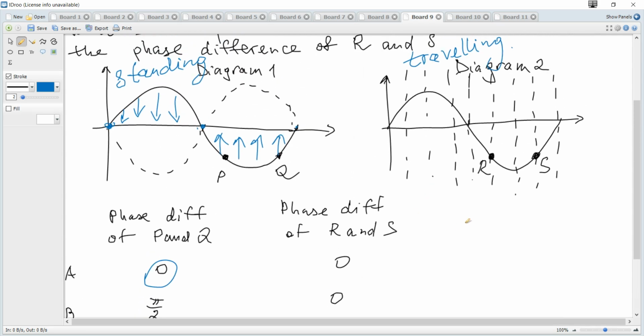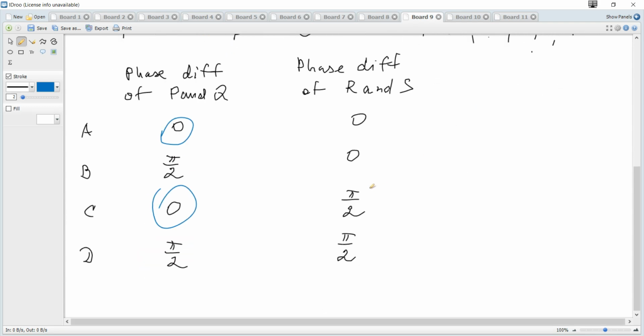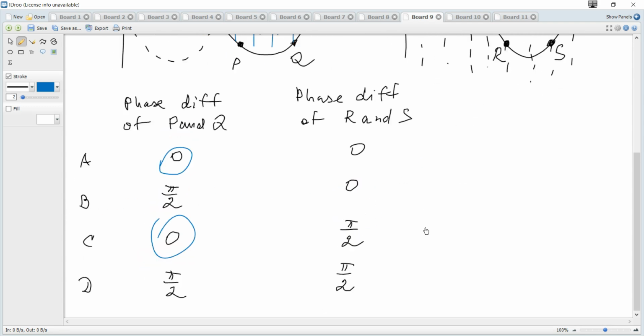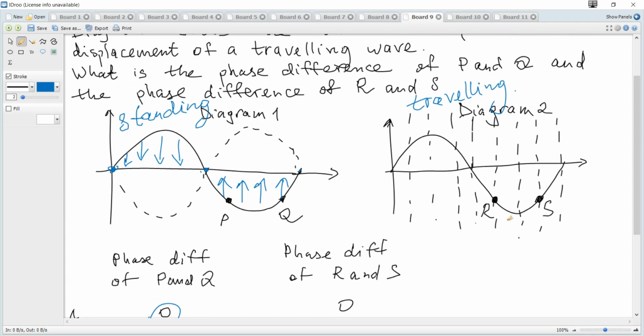And for traveling, definitely they are not in phase, and actually we can say pi over 2 directly, and it's C. But let's consider in more detail. For standing, a bit later it will be like this, and these particles are moving down, this up, and so on.